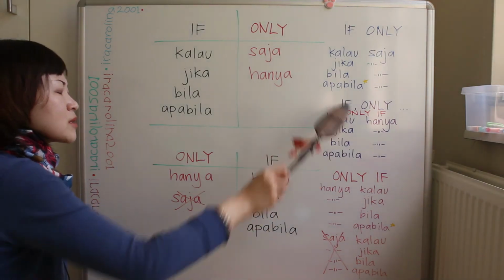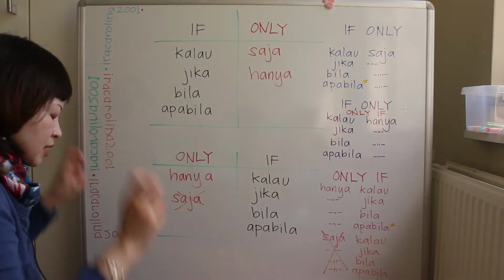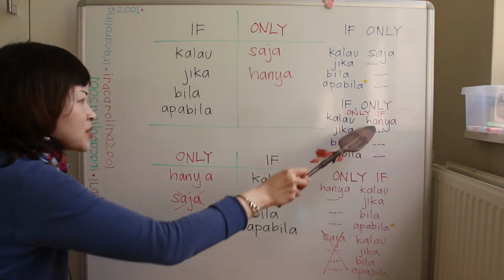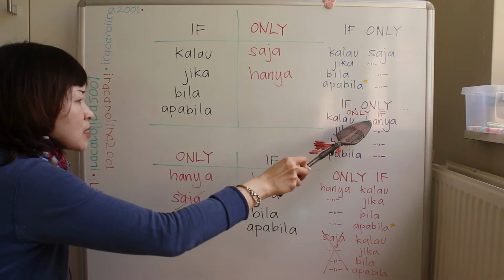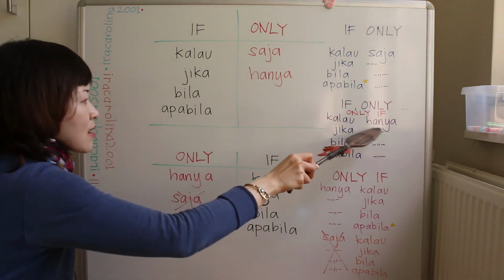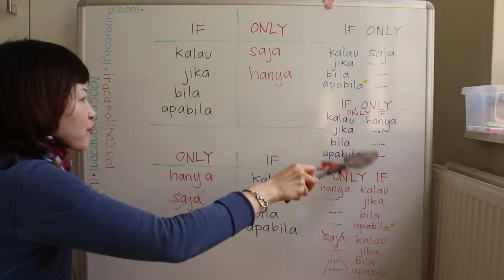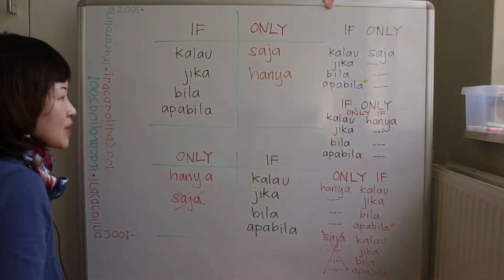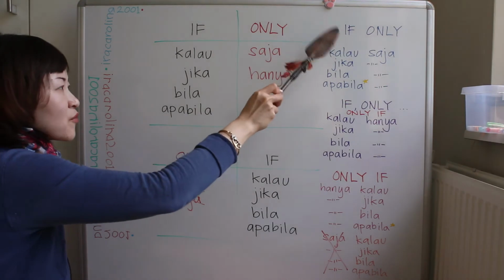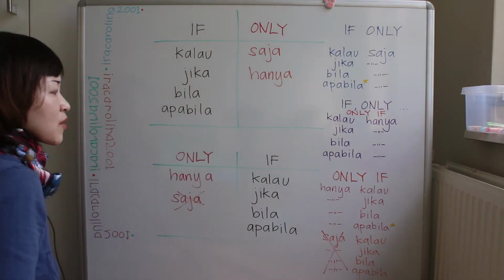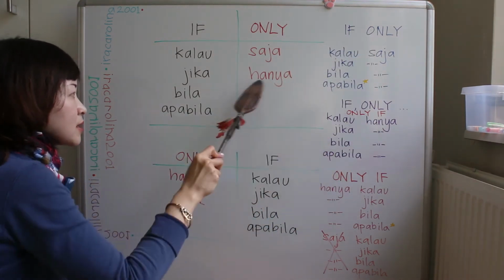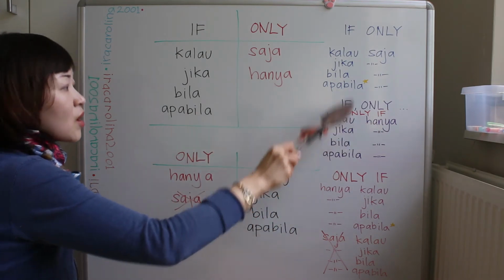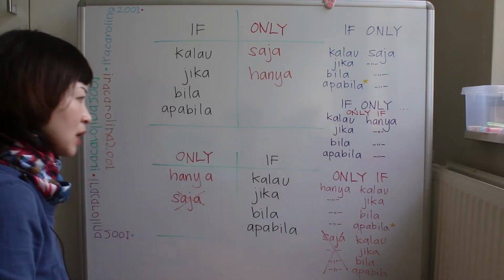So there's kind of an invisible comma in between, if you use the only with hanya and you put it after the if words. So instead of giving the meaning of if only, this gives the meaning of if, only blah blah blah.